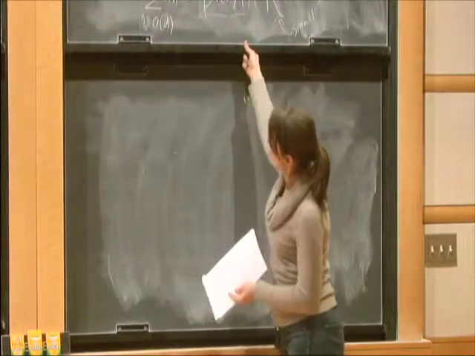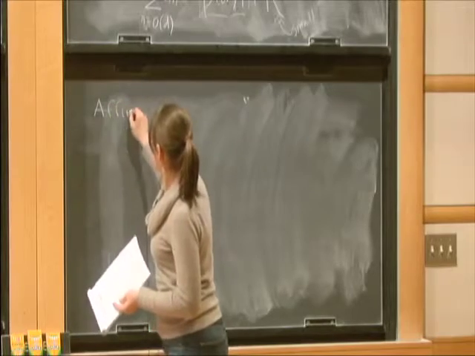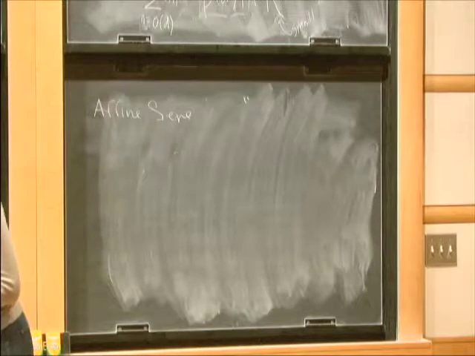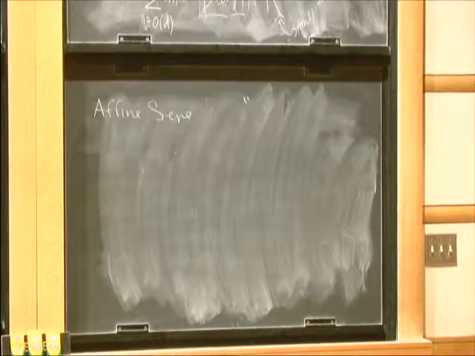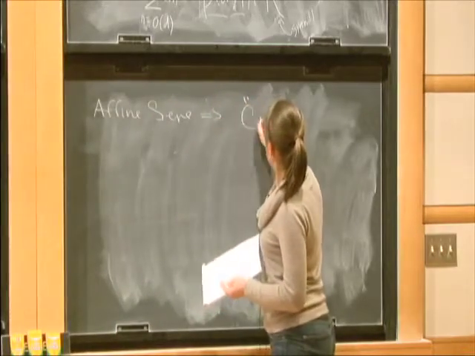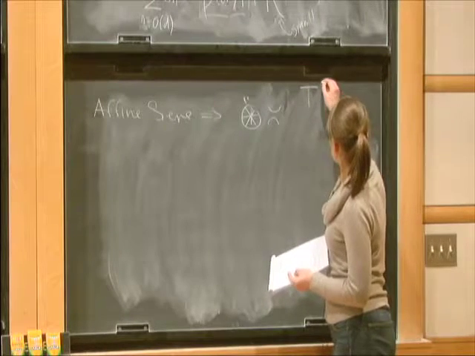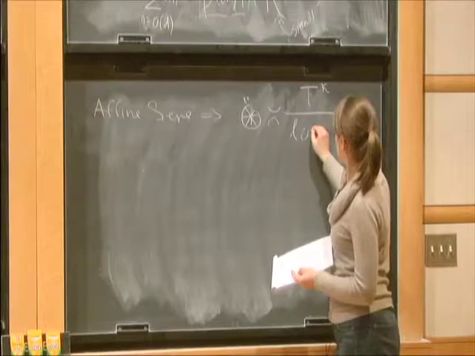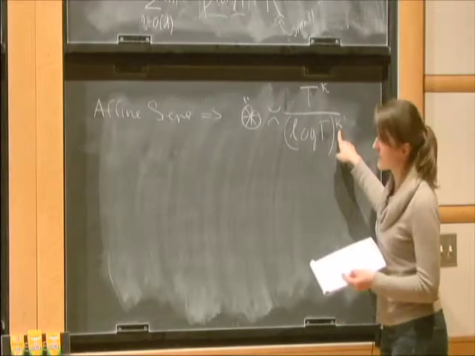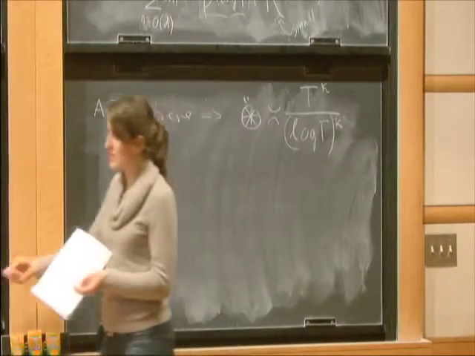Okay. And what do you get as a result of the affine sieve? Well, if you look at this number here, let's call this star, you get that the star is going to be t to some power over log t to some other power, where these powers depend on the situation you're looking at, on your group, and also on the r that you chose here.